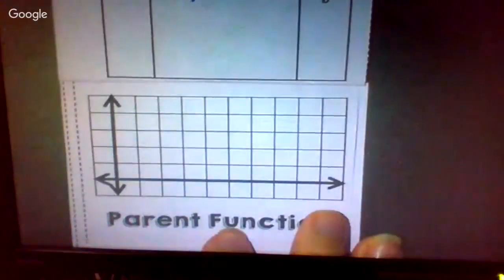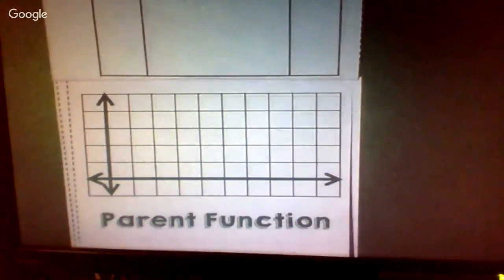So, y equals the square root of x is your parent function. Okay, the easiest way to draw any type of graph is to create yourself an XY table. So, what we do is we pick values for x that are going to give us a y value so we can plot them.